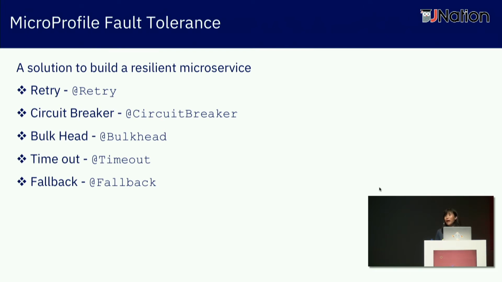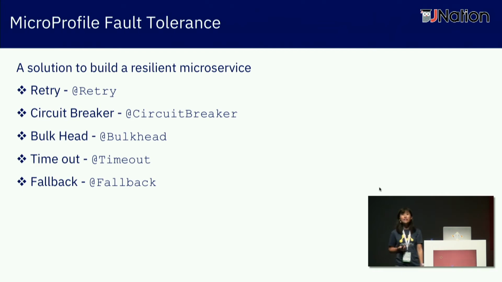The final one is Fallback. Fallback is the last resort resolution to cope with any kind of failures. If you cannot cope with the failures, you should always come up with fallback logic. If you know Istio, anybody know Istio?